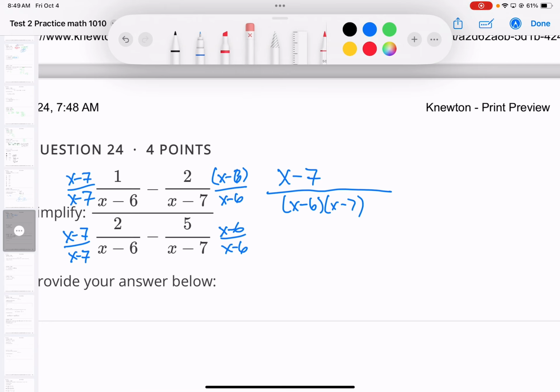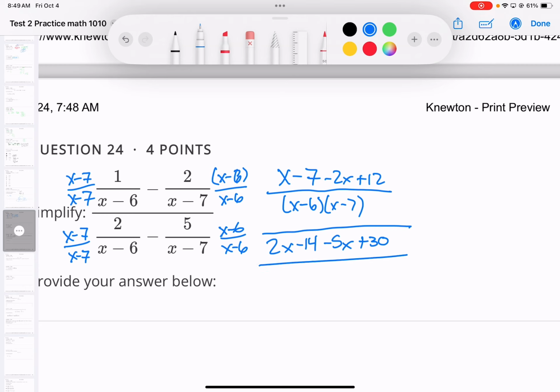So I've got negative 2 times x, which is going to give me a negative 2x, and then negative 2 times negative 6 is a plus 12, over 2x minus 14. Then negative 5 times x is a negative 5x plus 30 over x minus 6, x minus 7.